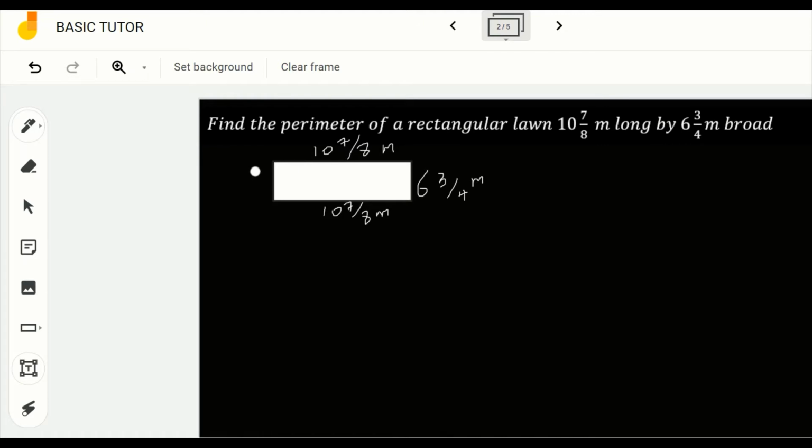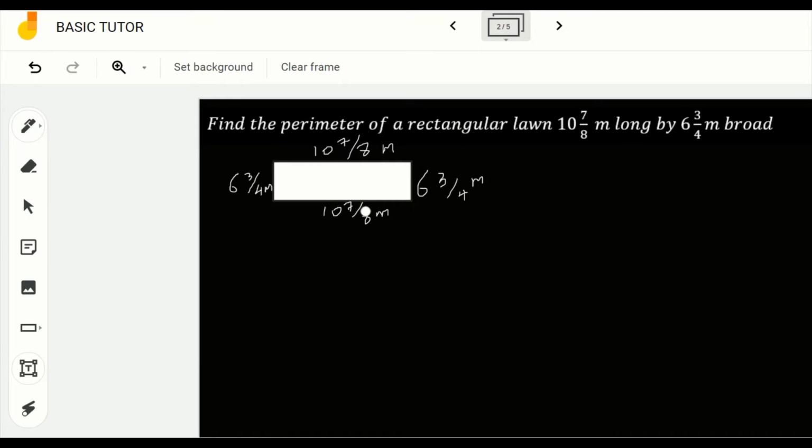Here should be 6 3/4 meters because they are the same, because you know that a rectangle has two opposite sides equal. So we're asked to find the perimeter of this rectangular lawn.